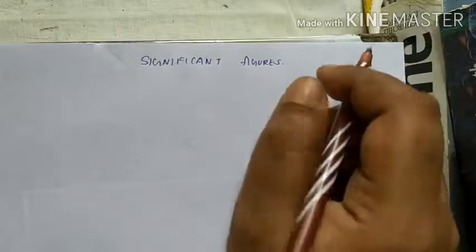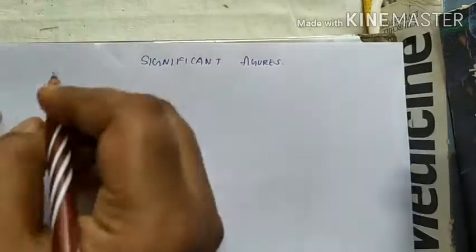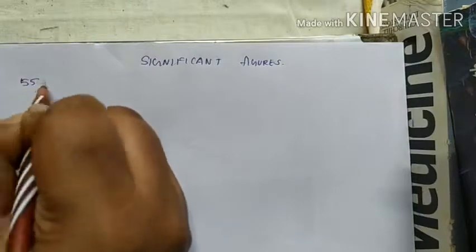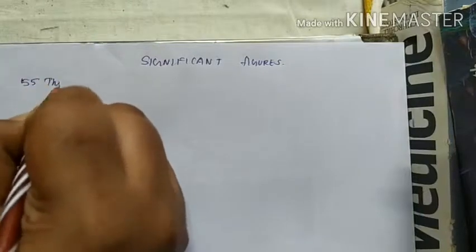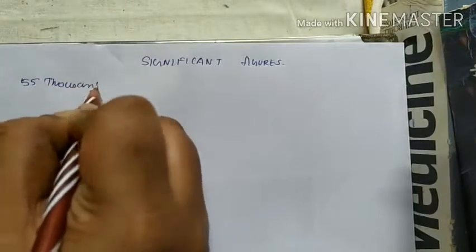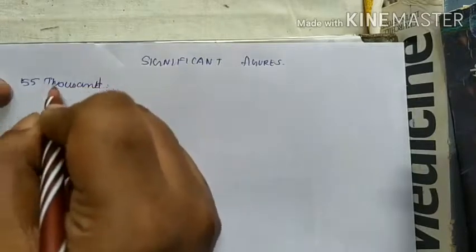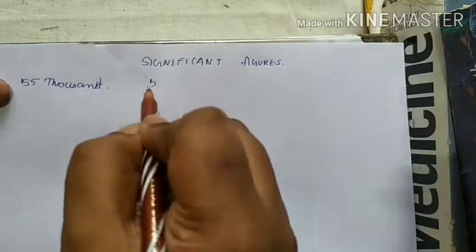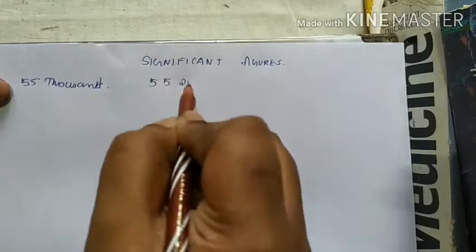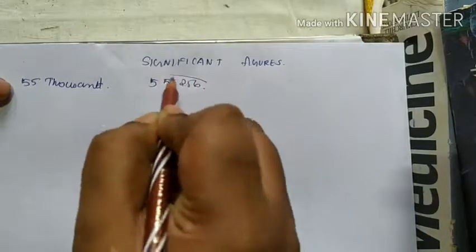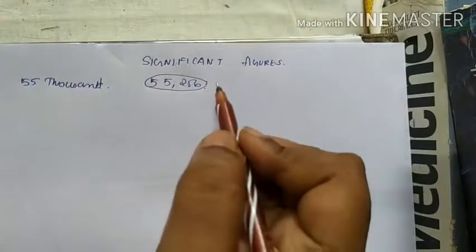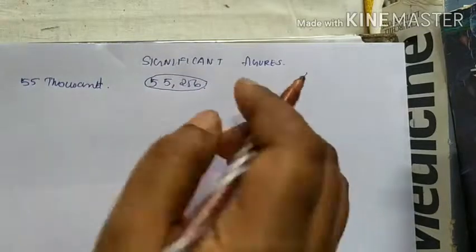Let's say someone says that his salary is 55,000. Does it mean that he gets exactly 55,000? No, he might be getting an amount like 55,256, right? So he just rounds it off, and it's common sense. It doesn't matter which happens.